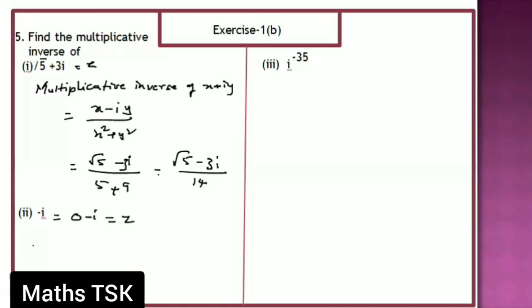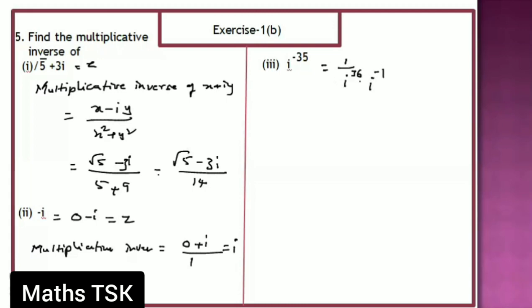So multiplicative inverse of z is equal to 0 plus i by 1. So there is i. Right, this is i power minus 35. I can write it as 1 by i power 36 into i power minus 1.